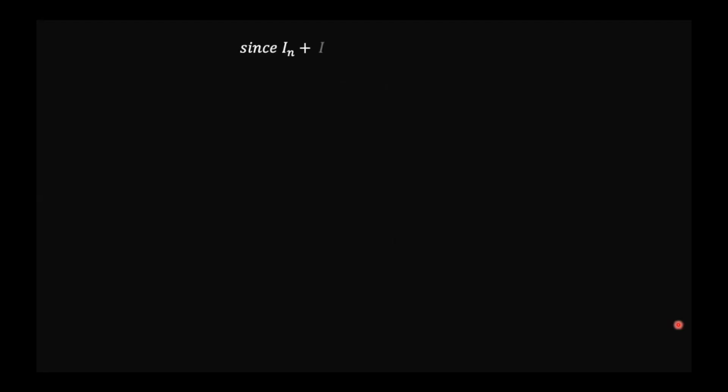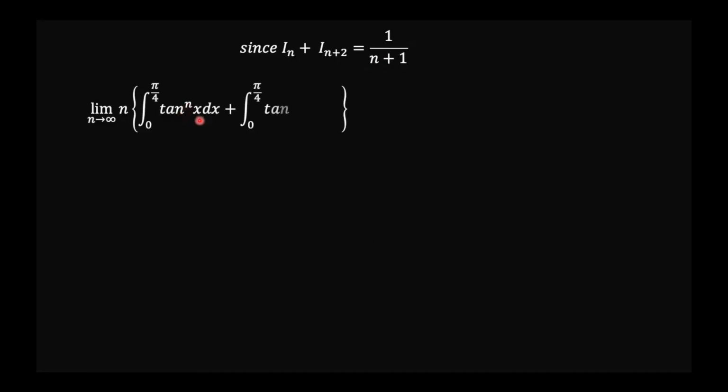So since previously we saw that I_{n+2} plus I_n is equal to 1 over n plus 1, then the limit of n times I_n plus the integration of tan to the power n plus 2 x from 0 to pi over 4 is the same as multiplying n by that.